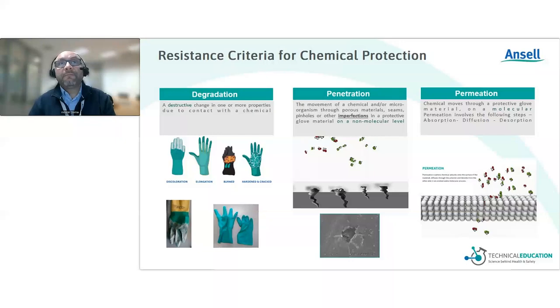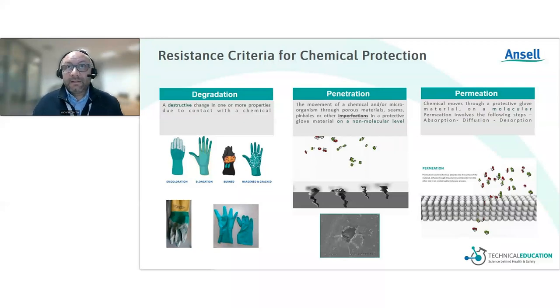We can have pinholes or other imperfections, and there is a direct link between degradation and penetration. If I have elongation or cracking, of course penetration will happen because we will have very small holes that allow chemicals to enter the glove.